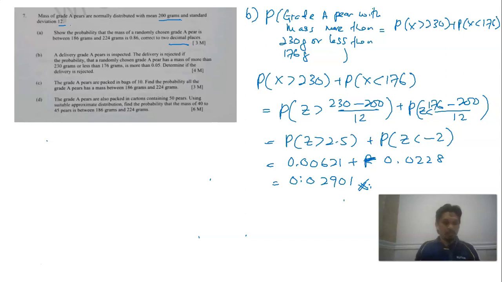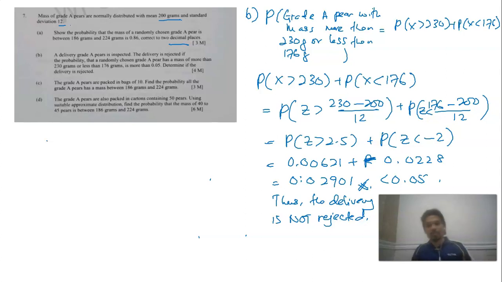Okay, so 0.02901, which is less than 0.05. So the conclusion is the delivery is not rejected, because the value is less than 0.05.